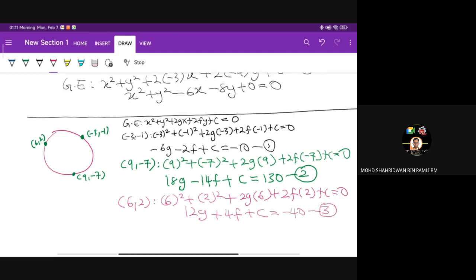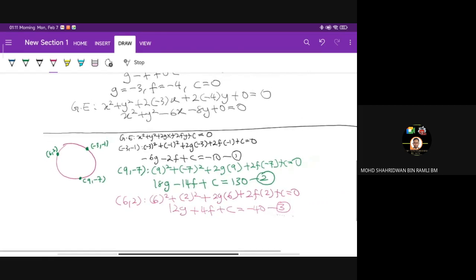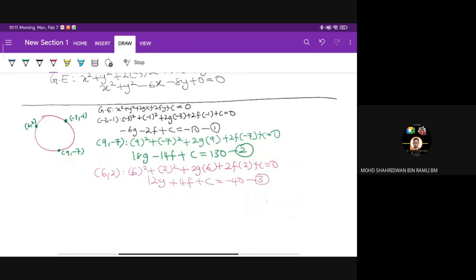Okay, similar to the previous one, because we already have 3 equations and 3 unknowns. We can substitute into our calculator. But please simplify using your own calculation by using substitution or elimination, or you also can use a matrix.